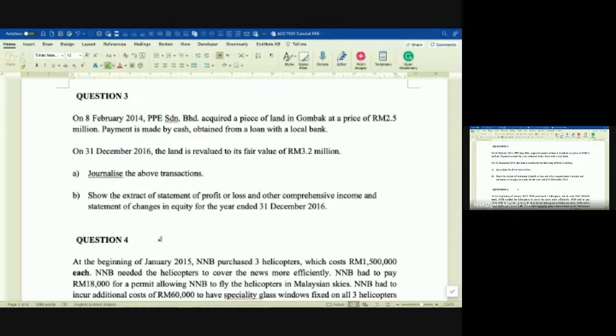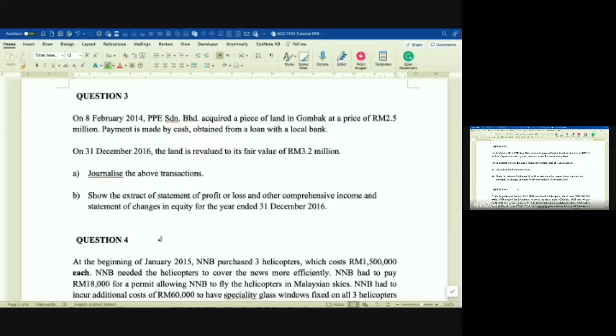Revalued means that initially in 2014 when you purchased it was 2.5, but now the value is 3.2 million. So you want to revalue your land. The question asks to journalize the above transaction. You have two transactions: one is the acquisition of the land, the other is the revaluation of the land. Do you get that?